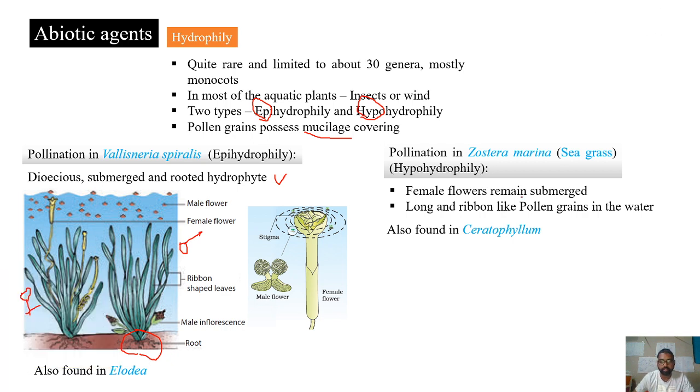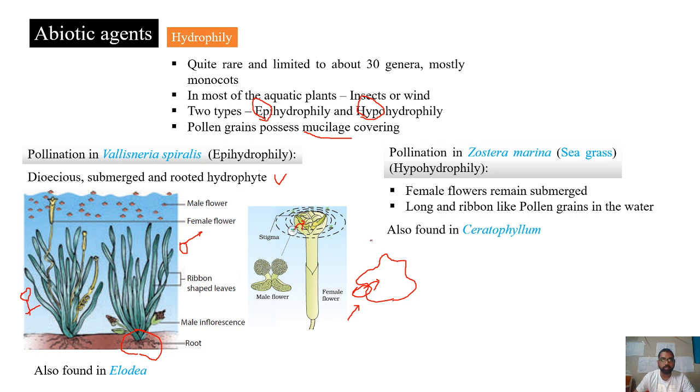Roughly, it is like this. Here the male flower can get stuck. When it comes through the passive movement of the water, it can get stuck inside this female flower. Now the pollination can occur.